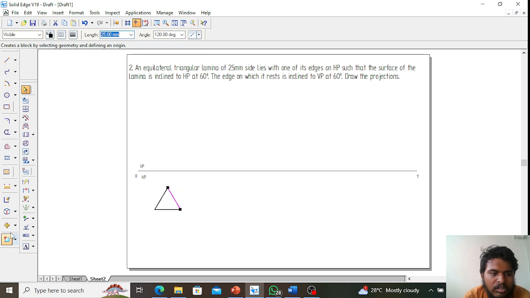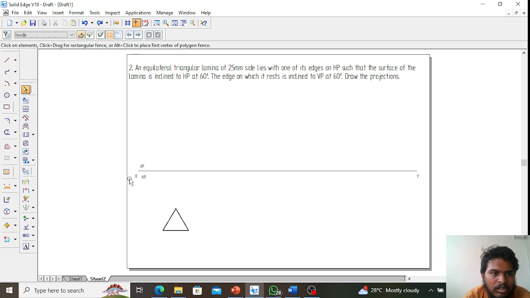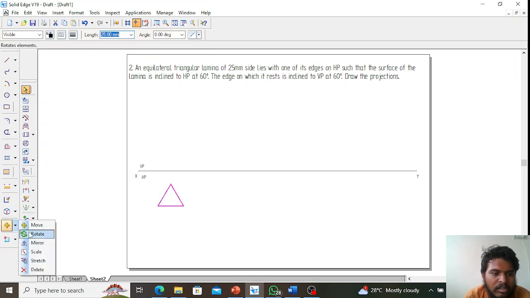Better it should be here. So the triangle lies here. I will rotate the triangle from here to here.